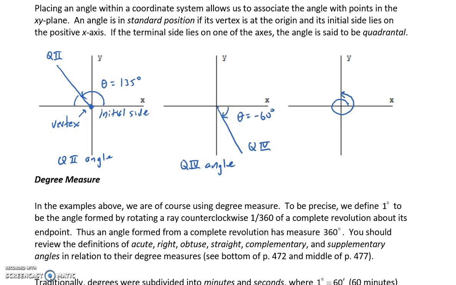Let's say it's like that. So you see it's still starting from the positive x-axis. And if you think about this, you know that one complete revolution is 360 degrees, and then we're going 90 degrees beyond that, so 360 plus 90 is 450. So this would be a 450 degree angle. So this would be what we call a quadrantal angle.